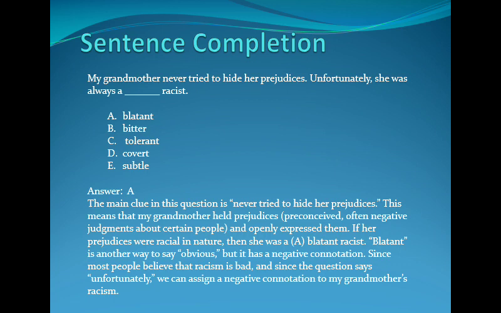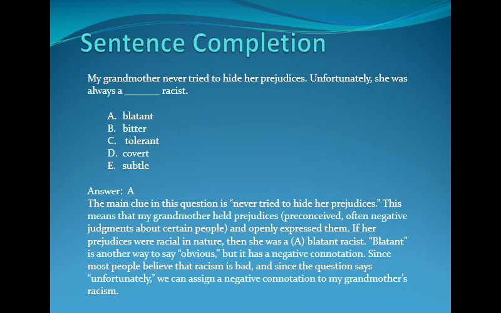Blatant actually means obvious. When we look at multiple choice questions, in case you don't know the meaning of blatant, you can relate in a different way, wherein we try to eliminate other choices. Choice B is bitter. You cannot say that a person can be a bitter racist, because racist itself is a negative word.